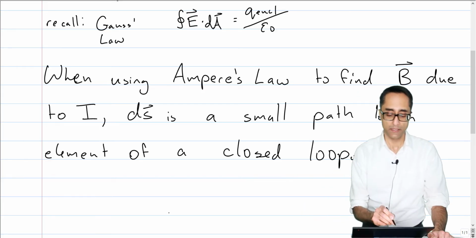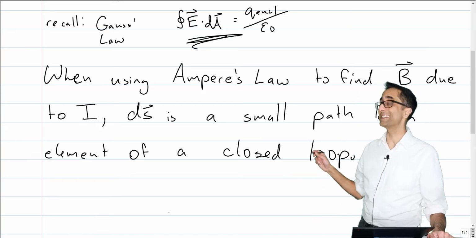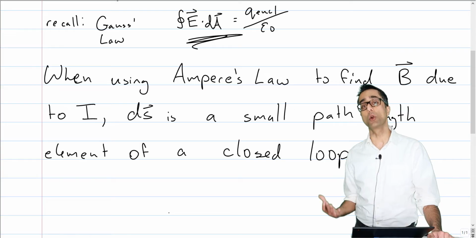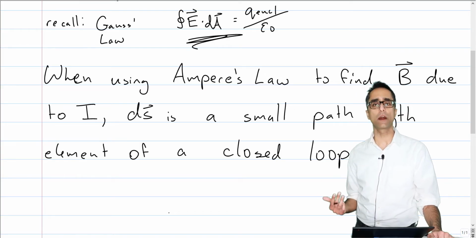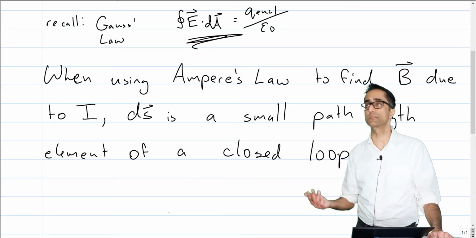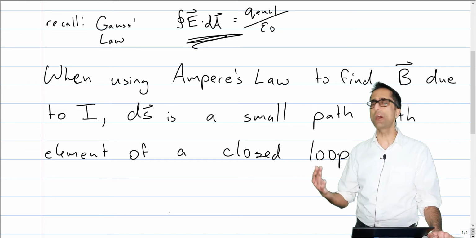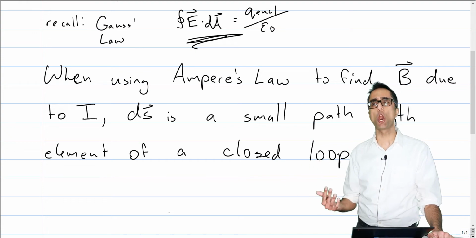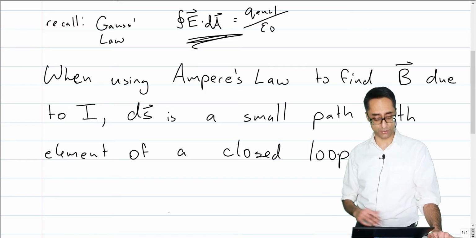Remember when we did our Gauss's law, E dot dA, you had to come up with your own surface, and then you had to find the area of that surface. Sometimes it was a sphere, sometimes it was a cylinder, it was a box, all kinds of different things depending on the electric field coming off of the charge distribution.